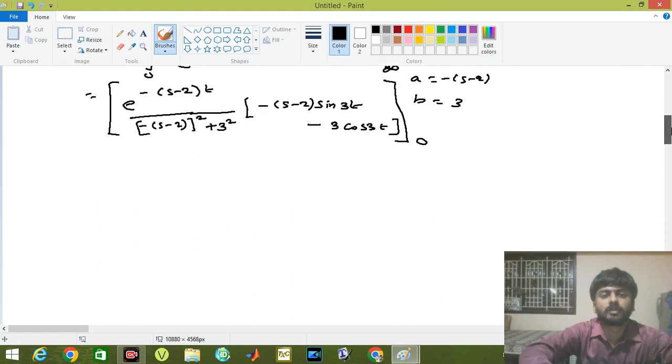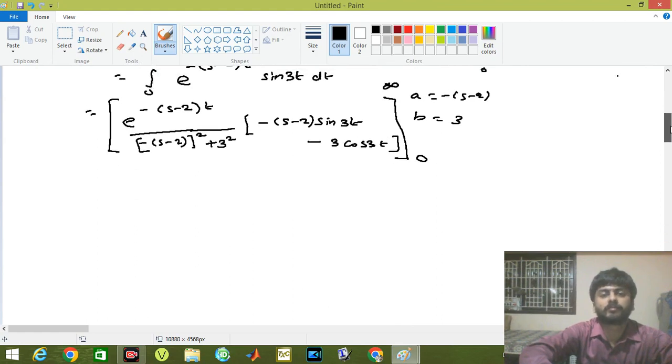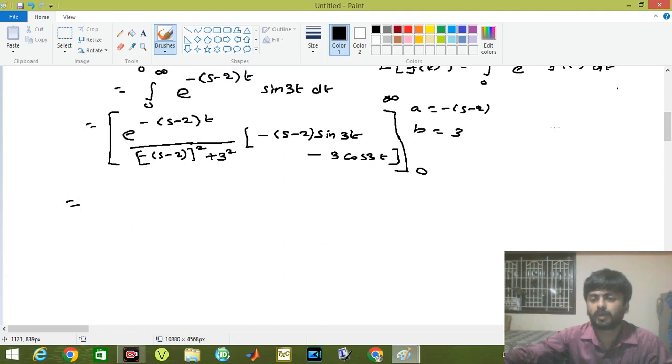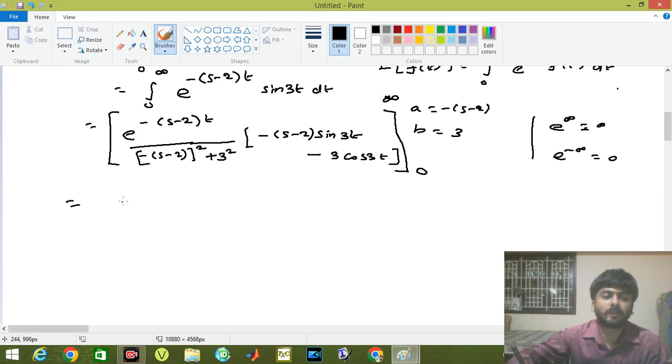Now what will happen when you are substituting infinity? e power of infinity is infinity, e power of minus infinity is equal to 0. So on substituting infinity, the upper limit will go to 0. Okay. Now minus. Now we have to substitute the lower limit.